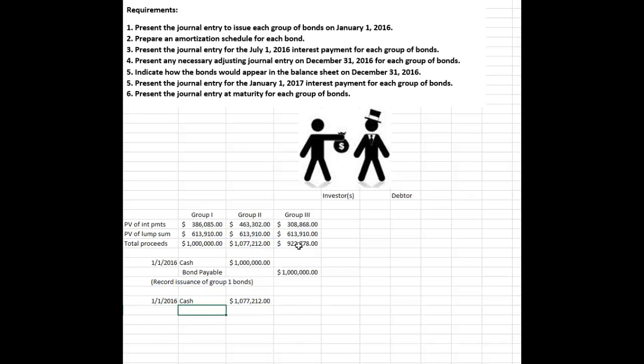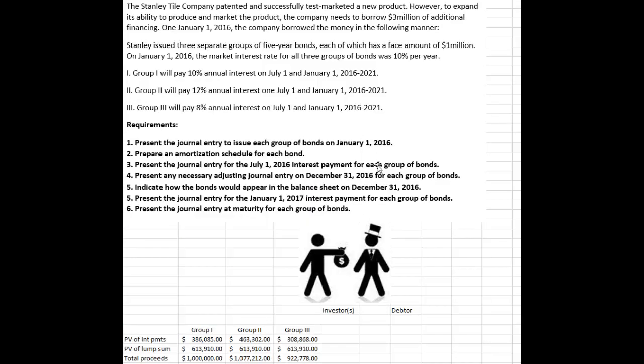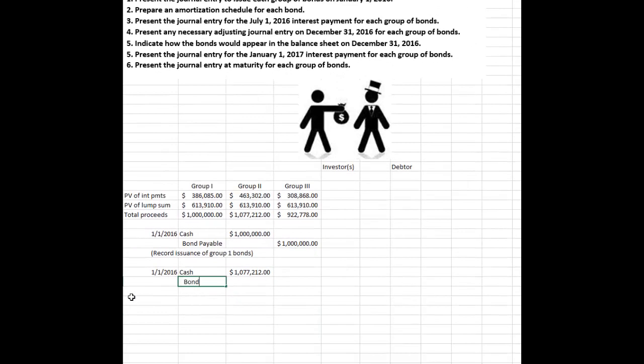Remember, that's what a rational investor is going to give the debtor based on the stated details in the contract. But in exchange, the debtor said, look, I'm only going to repay you the $1 million at maturity. So we're going to record this bond payable, and we always record the bond payable here as $1 million because that's the face value of the bond. But we have a difference here, right? We're not going to promise to repay $1,077,212. That's not stated in the contract.